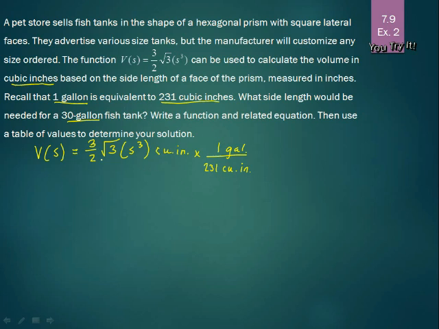So 3 halves times the square root of 3 times 1, that actually will equal quite a long decimal, but if we round that to the nearest 10 thousandths, that's approximately 0.0112. And then we still have the s cubed, and then our cubic inches cancel, and we're just left with gallons.